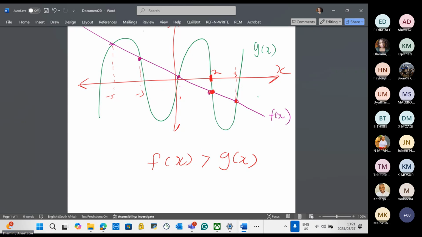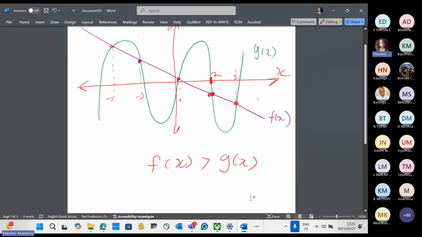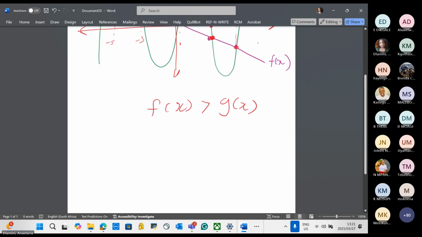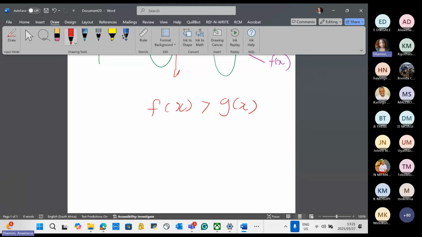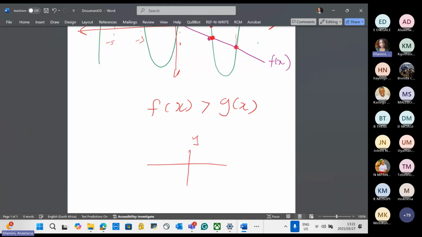Now, when you're talking about greater, remember, in a Cartesian plane where these are y's and x, if I stand here and you stand below me, but we all have the same values of x, you are less than me. Does it make sense?